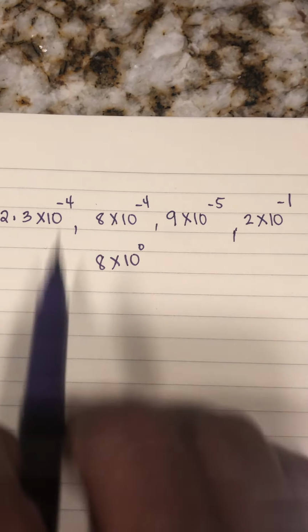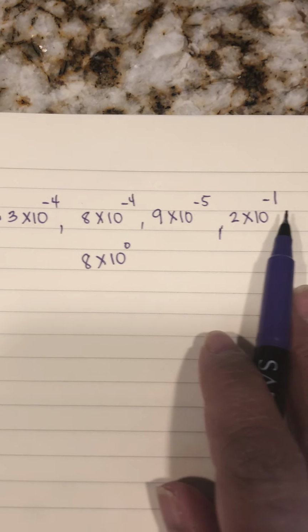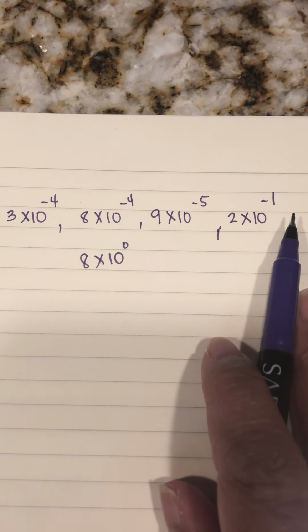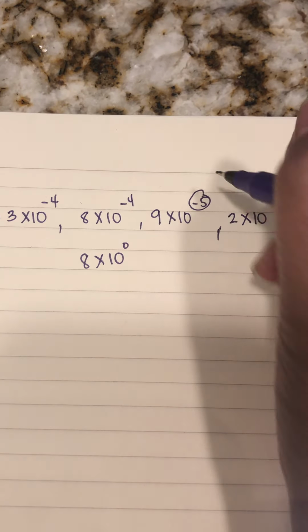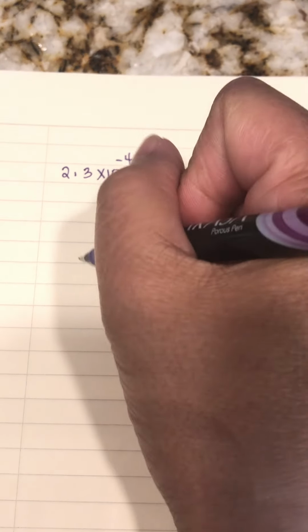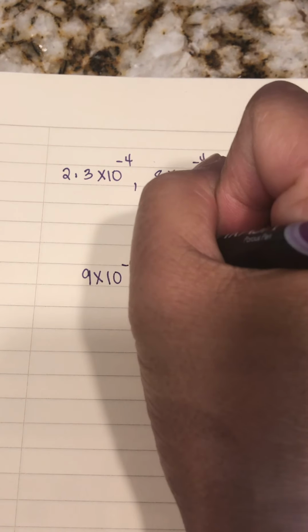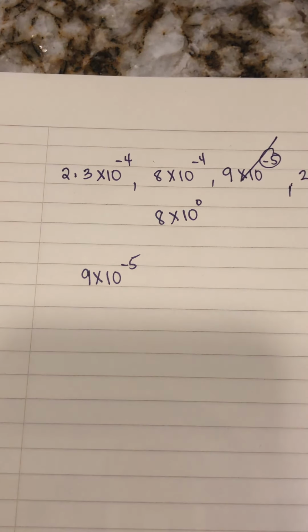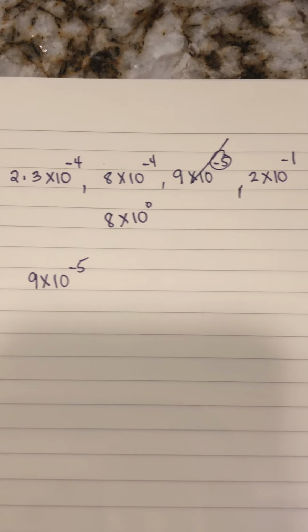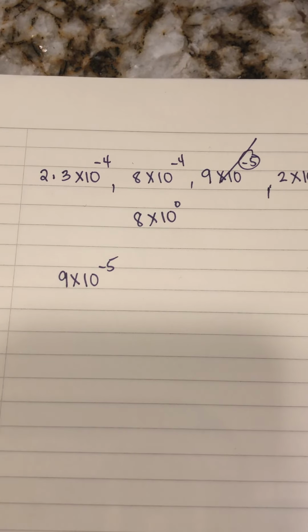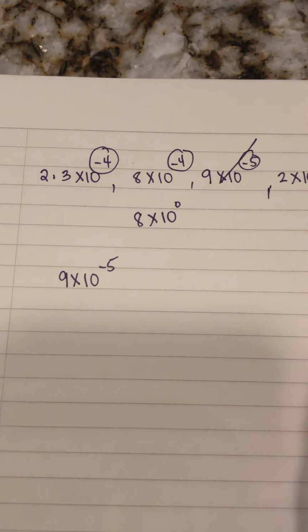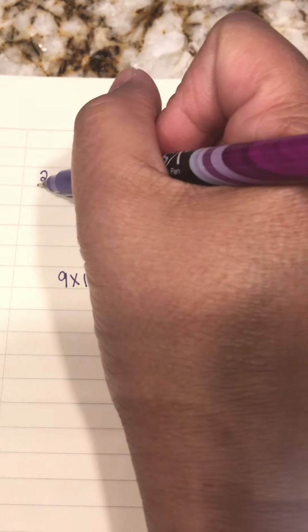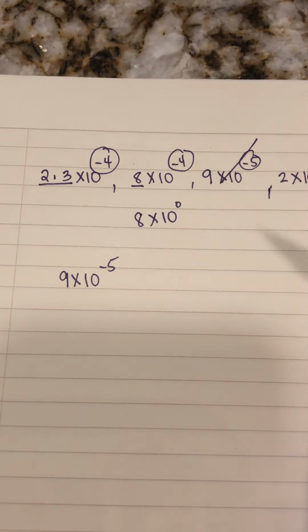Okay, so which of the exponents is the smallest? The smallest exponent here would be negative 5. So this is my smallest number. So 9 times 10 to the negative 5 first. Followed by a negative 4. Oh, there are 2 that have an exponent of negative 4. So I'm now going to look at the number. Which one is less, 2.3 or 8? 2.3.